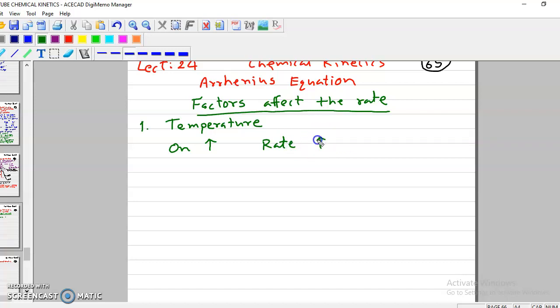This applies to the forward reaction as well as the reverse reaction, but according to chemical equilibrium, on increasing temperature the rate of the endothermic reaction increases, because in an endothermic reaction energy is required. And on decreasing temperature, the rate of the exothermic reaction increases.